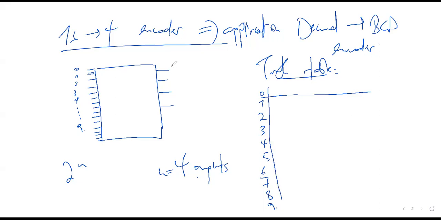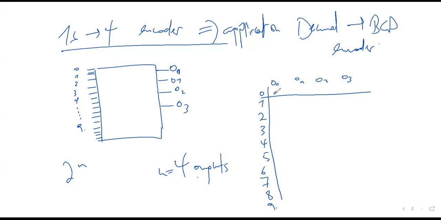Let's say our outputs are output 0, output 1, output 2, output 3. Very much easier to explain if you have a clear picture already of the truth table, for example.